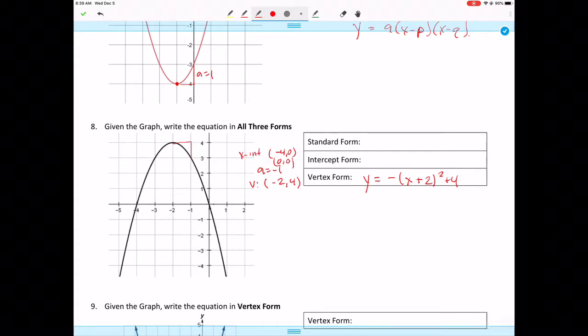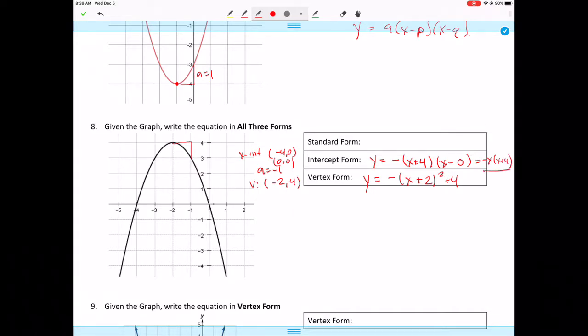Because here our A is negative 1, the other one it was negative 2. Okay, so we have that information, we just write that in. We'll get A equals negative 1, and make our two parentheses, x minus, and we plug in these values. So negative 4, that changes it to a plus 4, and we have a 0. So you would write down this equation as negative x times x plus 4, okay?